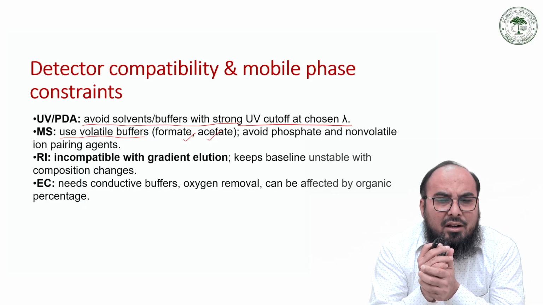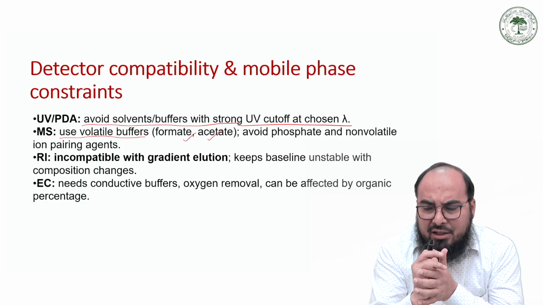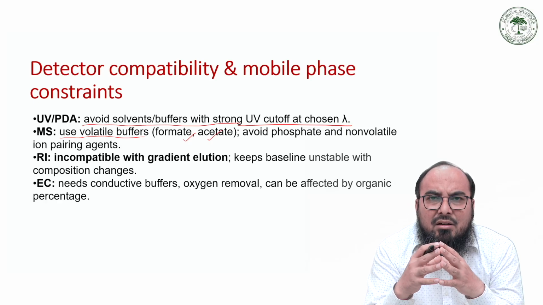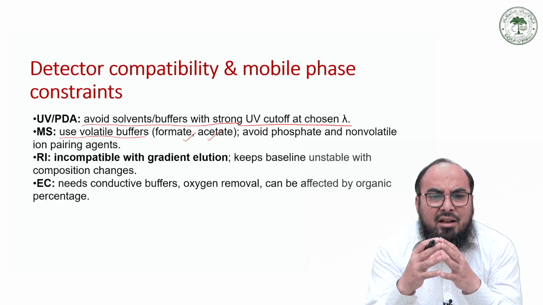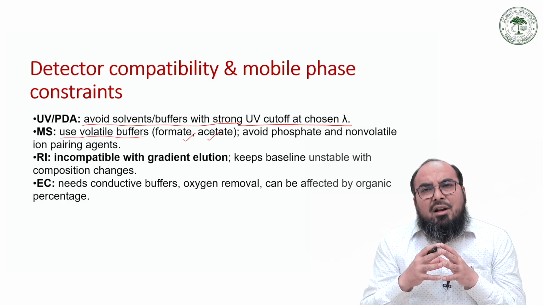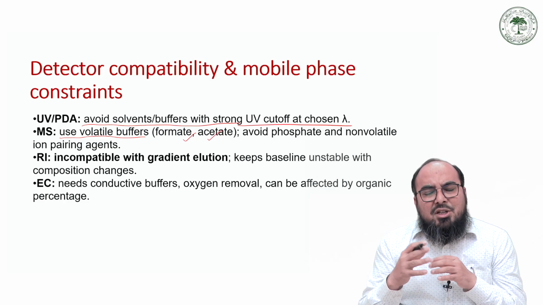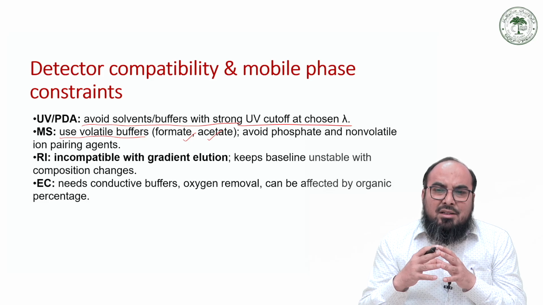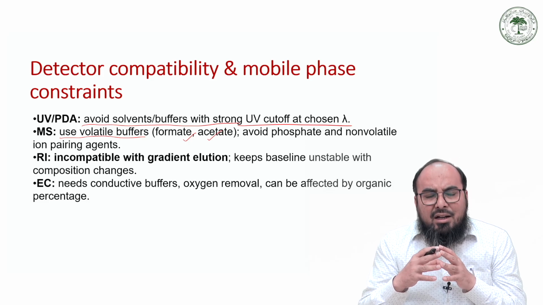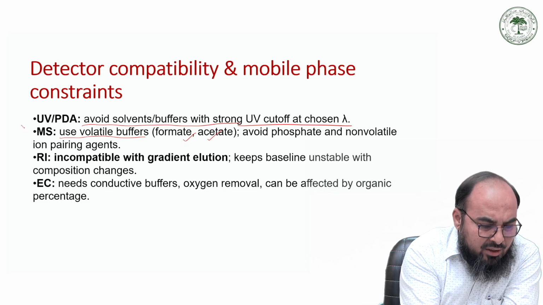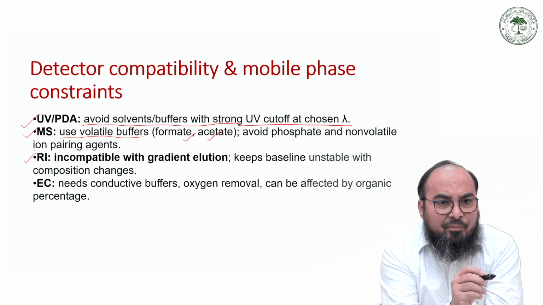Similarly, if you are using the RI detector, that is the refractive index detector, you cannot have a gradient elution system, because this will change the baseline. This will create noise in the baseline, and you will get unstable or not very well defined analyte peaks. So you have to look at the detector.